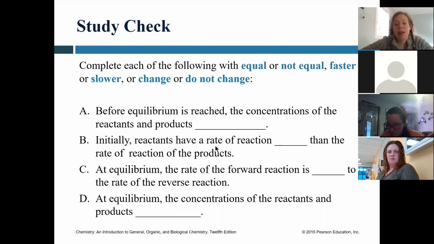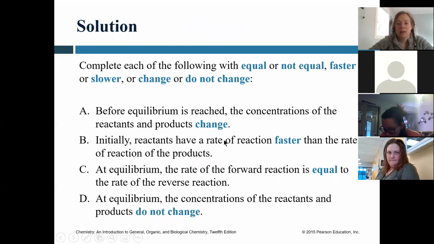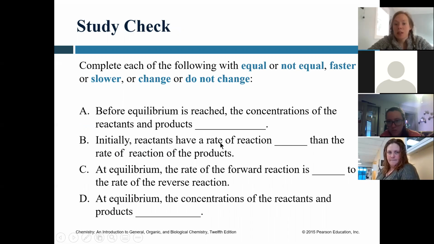Initially, reactants have a rate of reaction faster than the rate of reaction of the products. So initially, the reactants should be faster than the products, right? Because the reactants are moving towards becoming a product. The products aren't created yet to even be moving back to the reactants.